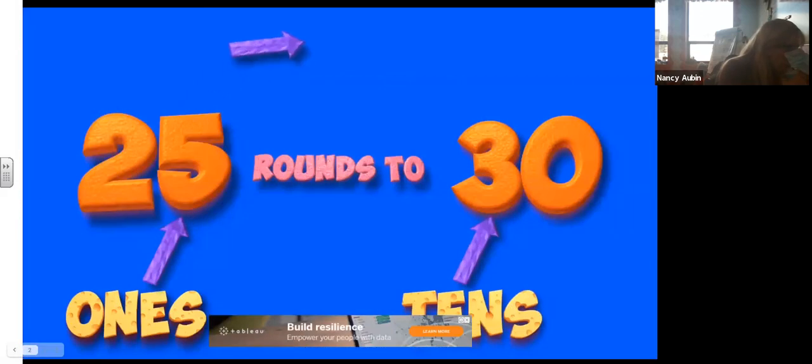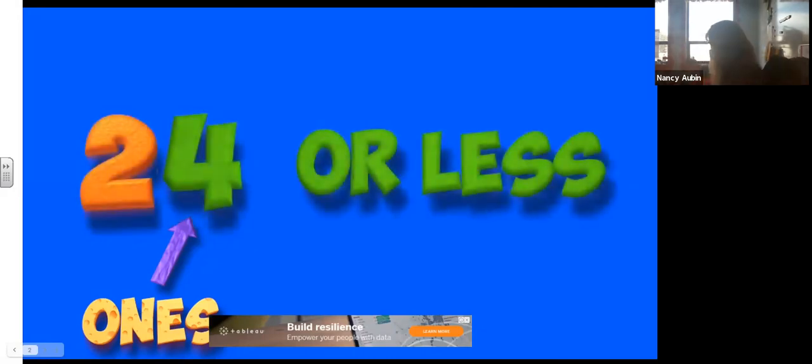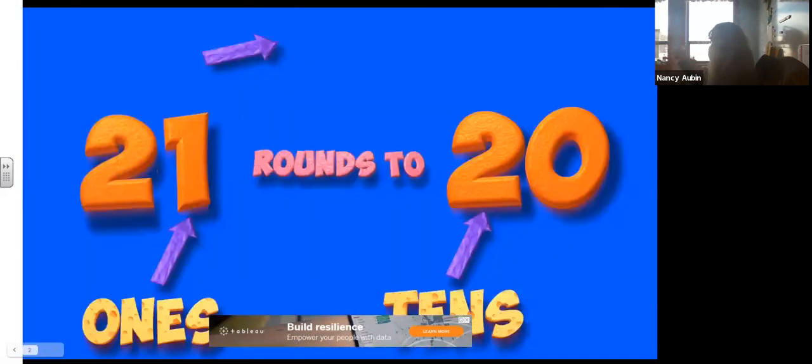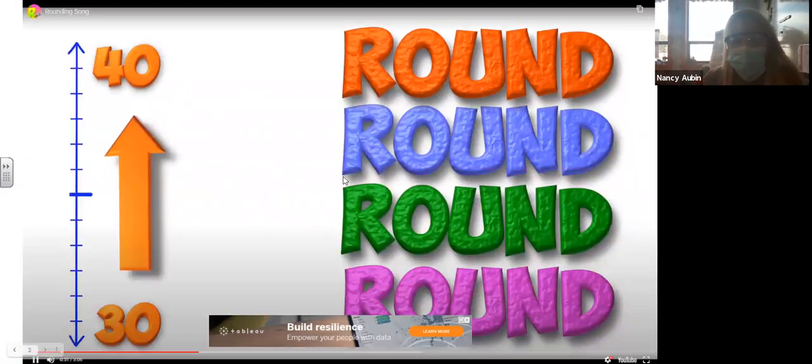It rounds to the next 10 every time. It rounds to the next 10 every time. If you see 4 less in the ones place, 4, 3, 2, go, you get 1. If you see 4 less in the ones place, the 10 stay the same, then you're done. The 10 stay the same, then you're done. Round, round, round and round. Round it up or round it down.